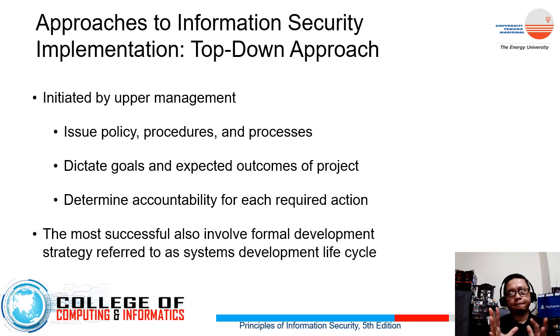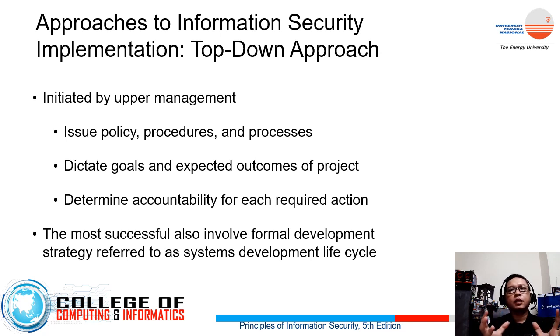But the most successful top-down approaches usually involve formal development of strategy. You need to plan properly, in order. You don't just wake up one morning and say, okay, we need to do this. That is not the proper approach. You need to carefully plan: gather your team, understand how many people you have in your organization, who has the expertise, who can plan for it, and who can implement it.